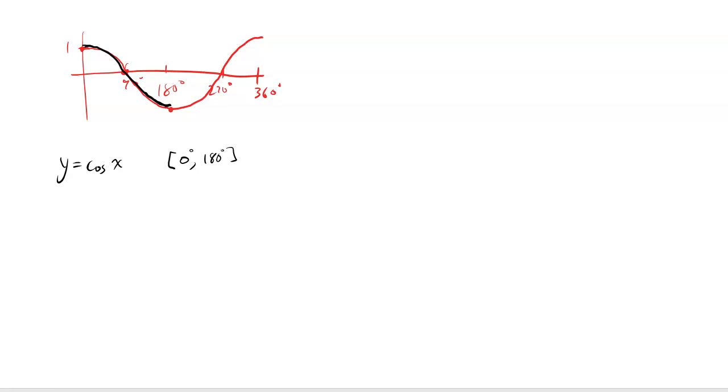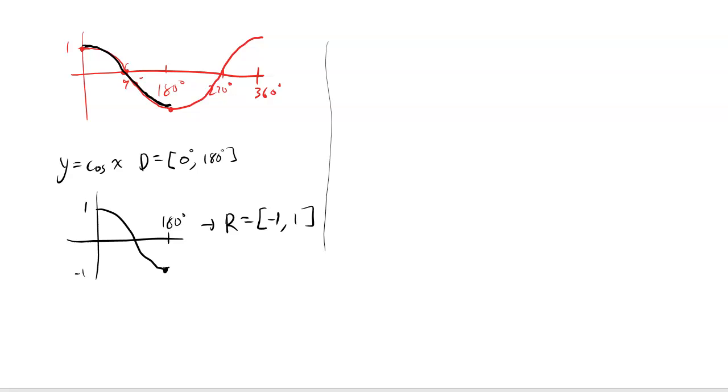So the graph would have only this portion, and since highest is 1 and lowest is negative 1 at 180 degrees, we know that the range is equal to negative 1 to 1. Domain is 0 to 180.